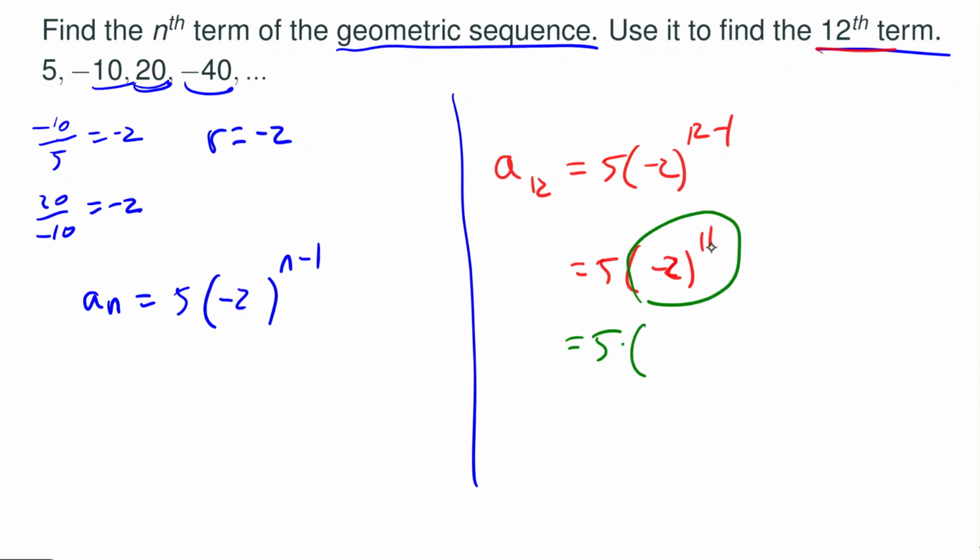First of all, this is the 11th, an odd number, right? So we will get a negative number. And 2 to the 11th power is 2048. So then we multiply these two numbers together. And we get -10,204. So this is the 12th term of this geometric sequence.